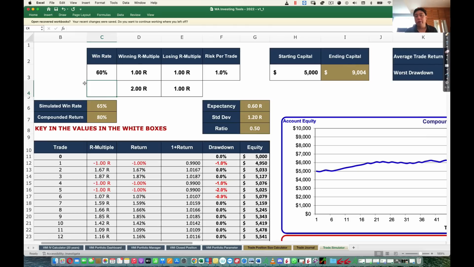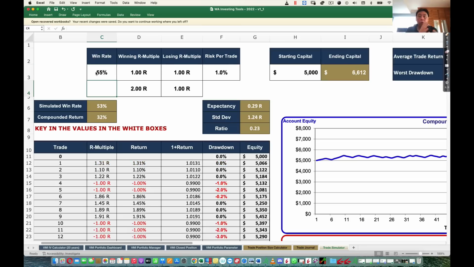So first of all, you have to put in what's your expected win rate. Like I said, if you take high quality momentum trades, you can't win 100% of the time. But a good realistic win rate would be between 50 to 60%, okay, on average. So let's put in a 55% win rate.